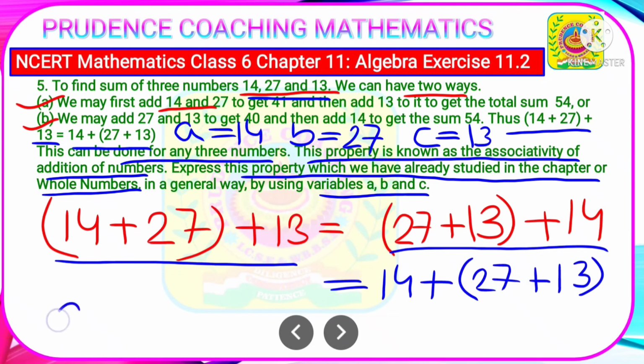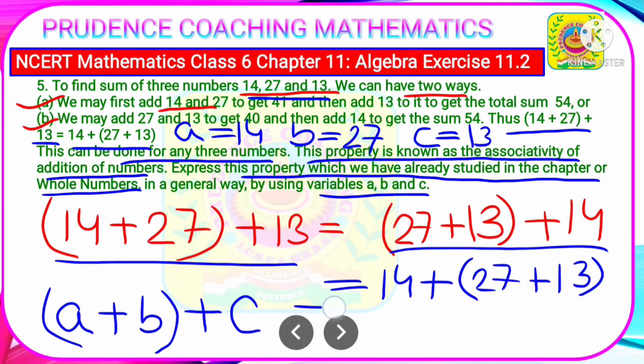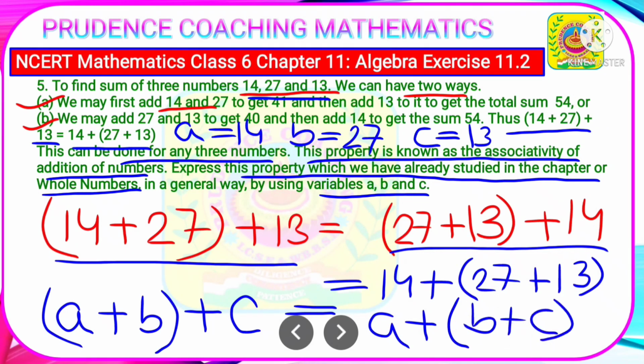So in place of 14, you write A, 27 you replace with B, and 13 you replace with C. By doing this, you will get A plus, start the bracket, B plus C. So this is your answer. Here we have replaced the numbers with variables to form the general rule, that is, we have expressed the property of associativity of addition of numbers. This is our final answer.